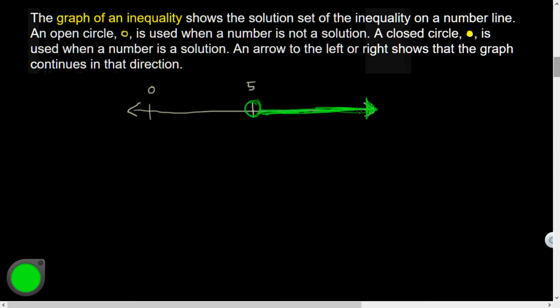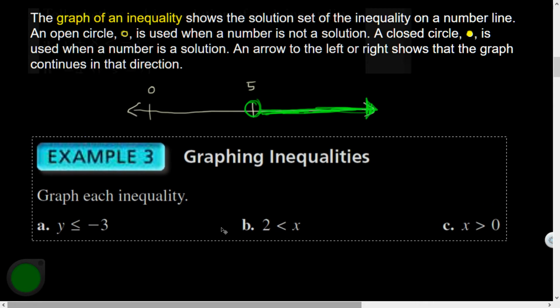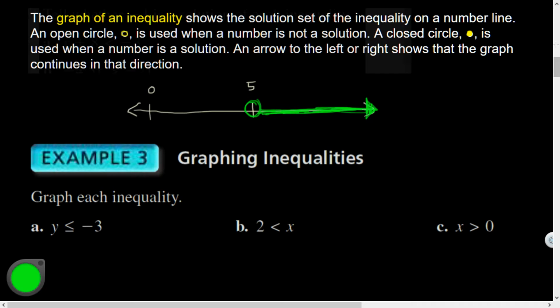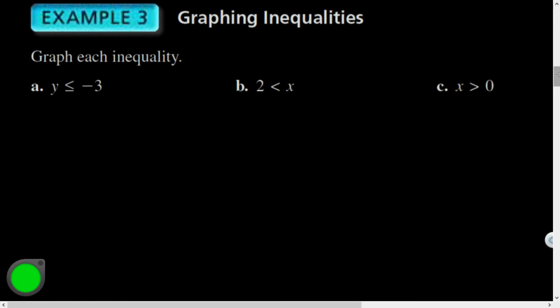So let's do this quick little example. Graphing inequalities, the easiest in the world. Don't worry about it. Don't freak out.